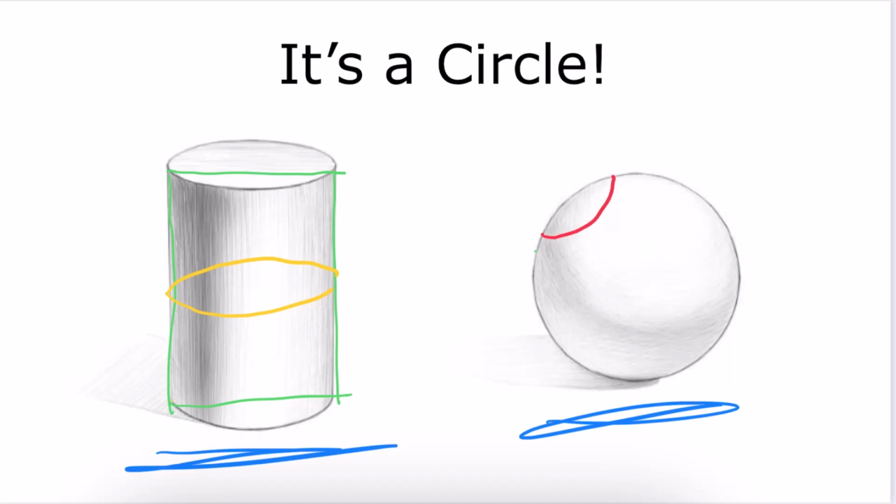Because even if you cut the sphere right here, that cross section would be a circle. If you cut the sphere across its equator, the cross section would still be a circle. And it doesn't matter which way you cut it, it's always going to have a circle as its cross section.